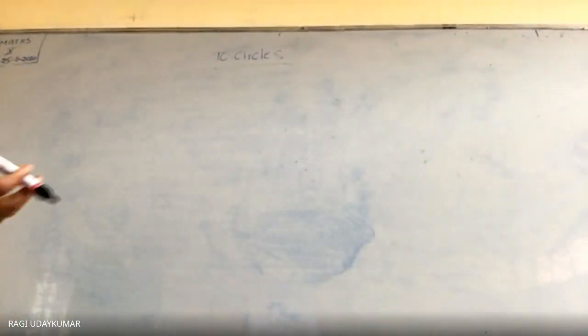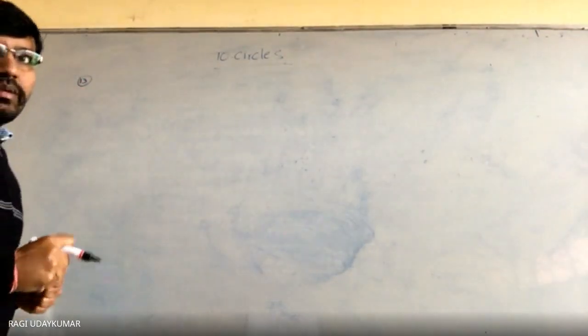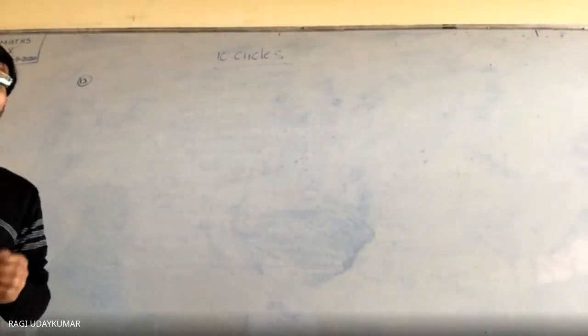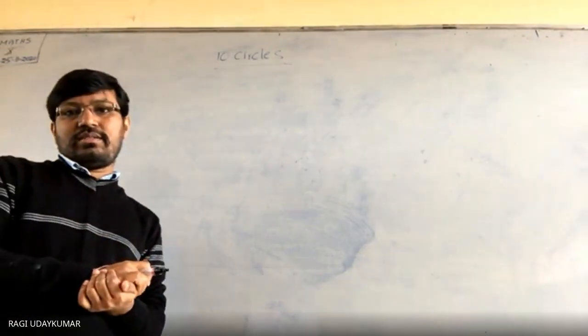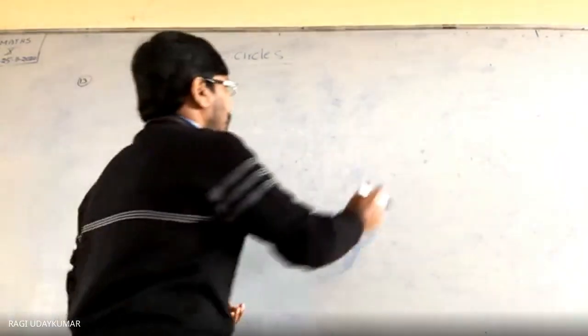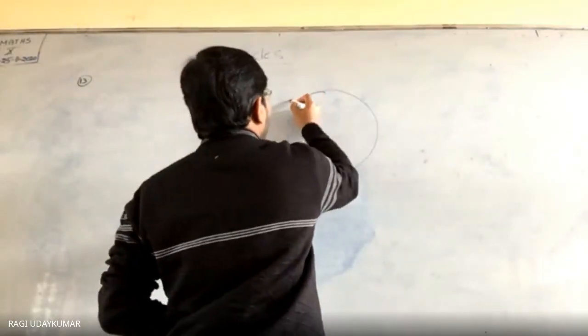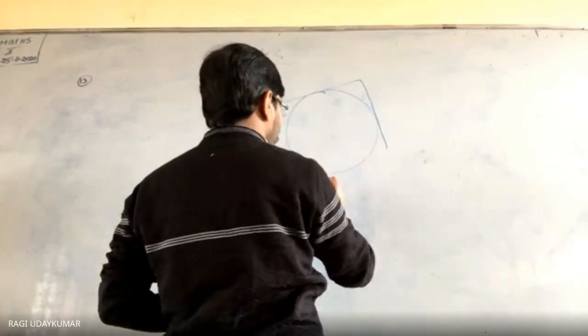So the last problem, the 13th one. The question is: prove that the opposite sides of a quadrilateral circumscribing a circle subtend supplementary angles at the center. That is, if you take the circle into consideration and draw a quadrilateral around it.